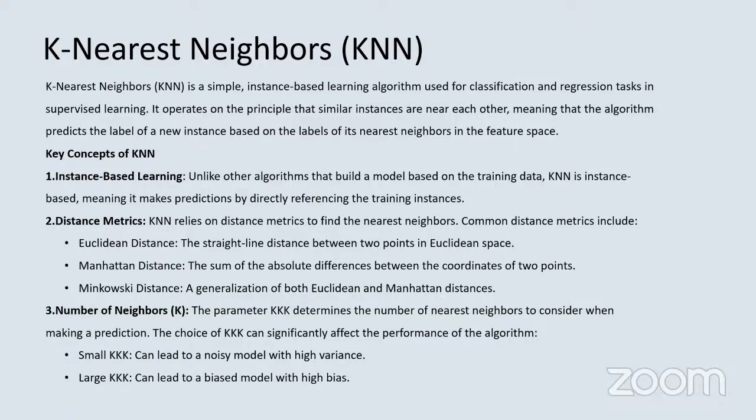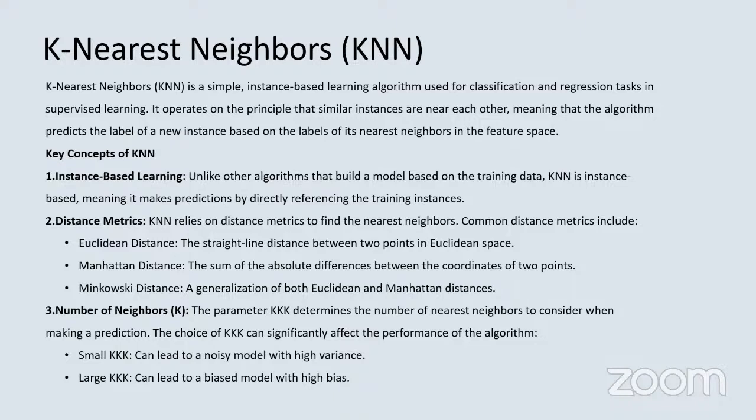K nearest neighbor is one of the simple instance-based learning algorithms used for classification and regression tasks in supervised learning. It operates on the principle that similar instances are near each other, meaning the algorithm predicts the label of a new instance based on the labels of its nearest neighbors in the feature space.